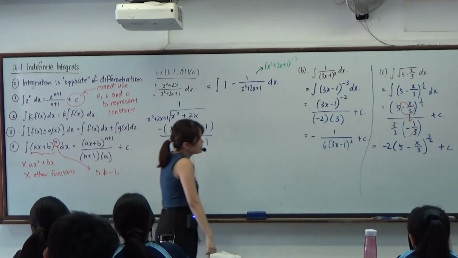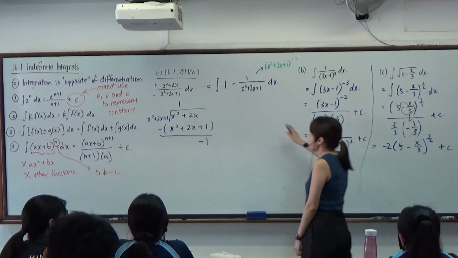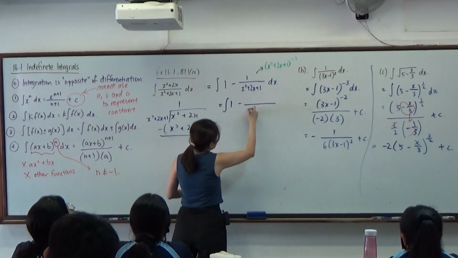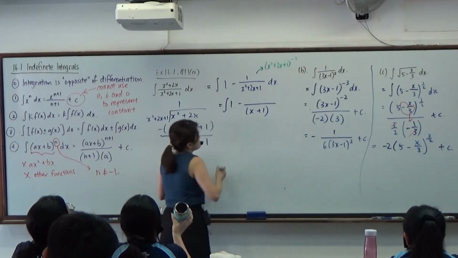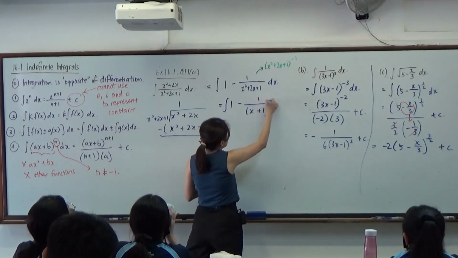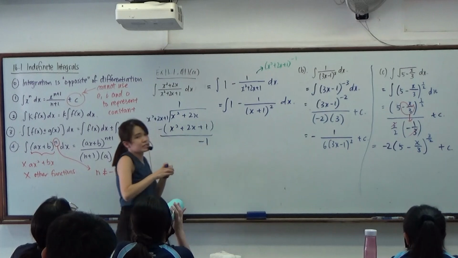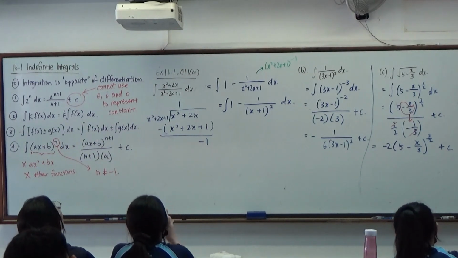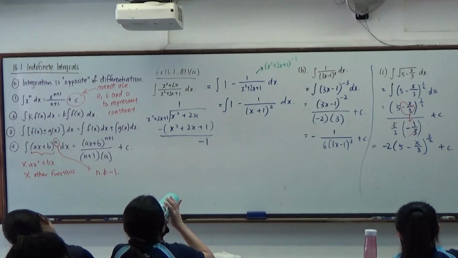So what we need to do is to observe that x squared plus 2x plus 1 is actually factorizable, if there's ever such a word. It is x plus 1 squared. So this explains to us why we must know how to factorize, don't just rely on calculator, which is what many of you like to do.